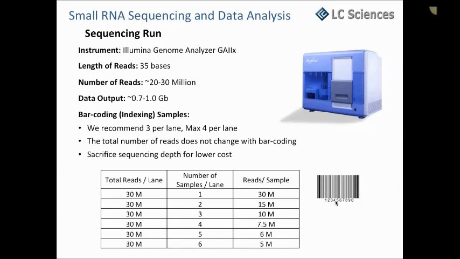So to give you some ideas about the numbers, currently for the small RNA sequencing or microRNA sequencing, we're using the Illumina Genome Analyzer GA2X, and the read lengths are 35 bases. Typically, depending on the sample quality, you get 20 to 30 million reads per lane.